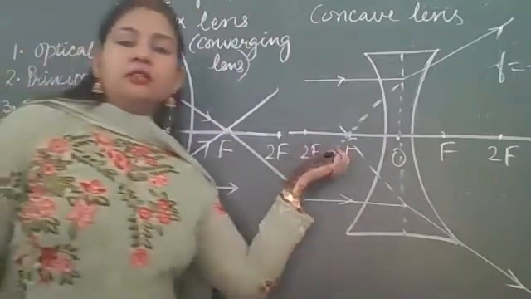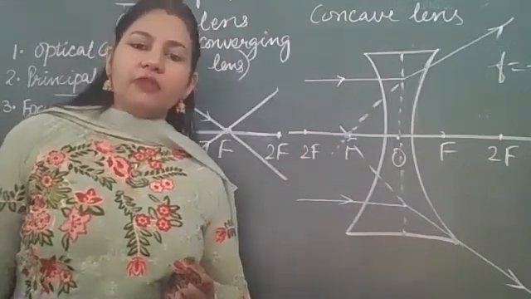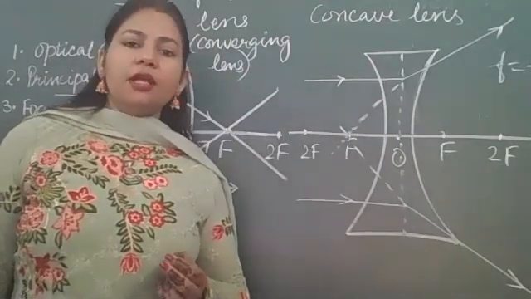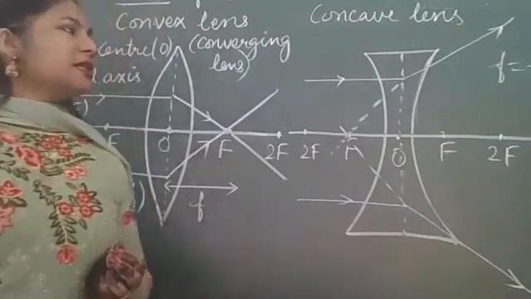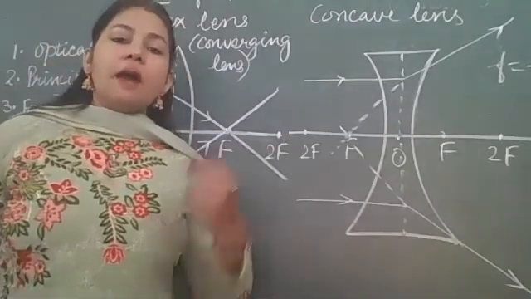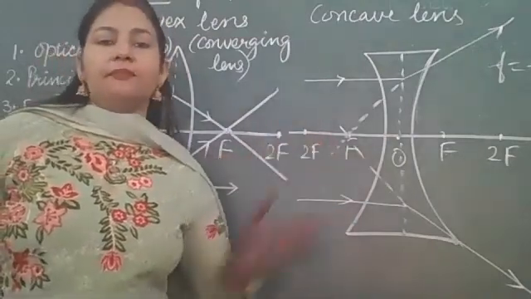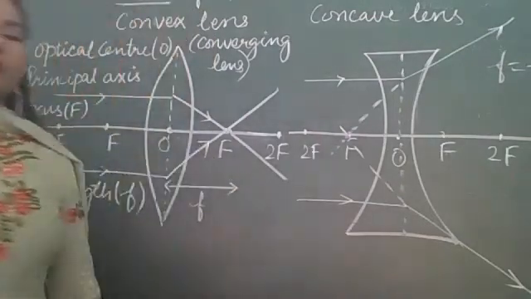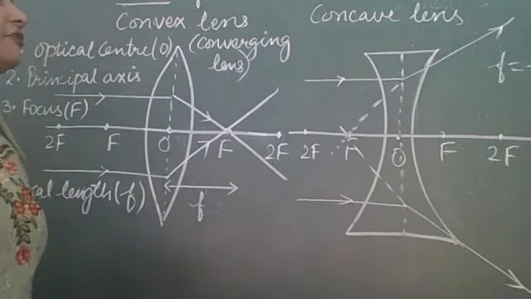It's a point on the principal axis from which all the rays initially parallel to the principal axis appear to diverge after refraction.